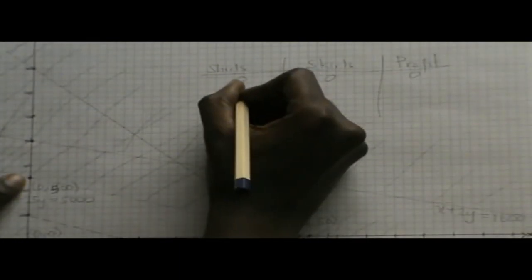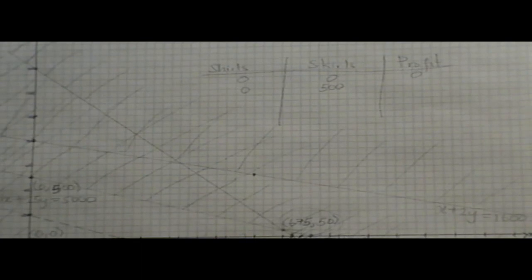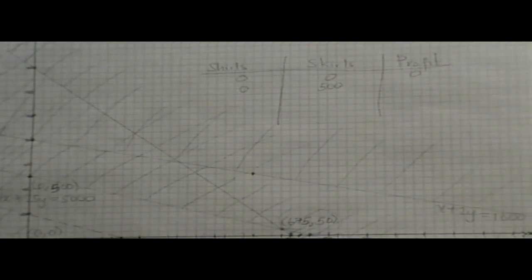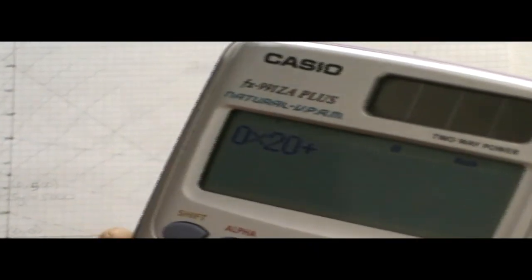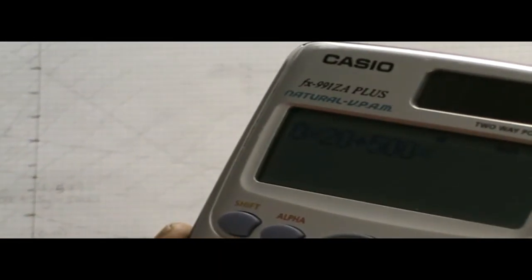I make 0 shirts and 500 skirts. Now the profit, you just need to remember the formula: it is 0 times 20. I don't need to type that in because I know that will be 0. And then I say 500 times 25.